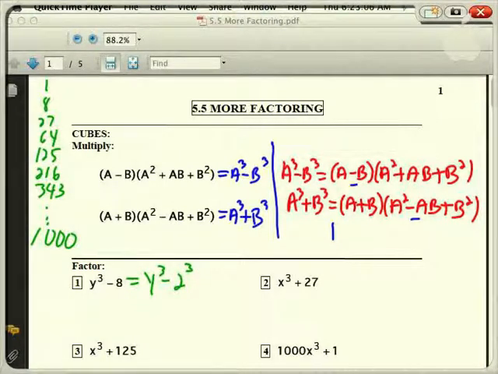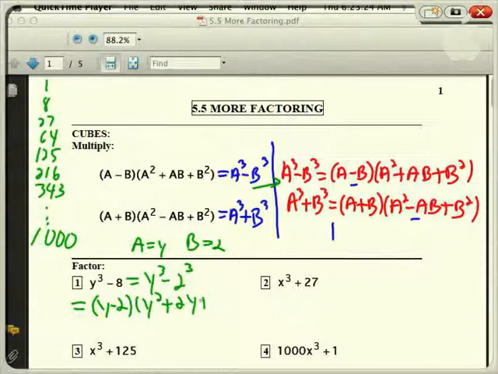So we will use the first formula, and we'll let a equal y and b equal 2. So if you plug those values in there, you'll get y minus 2 times y squared plus 2y plus 4.